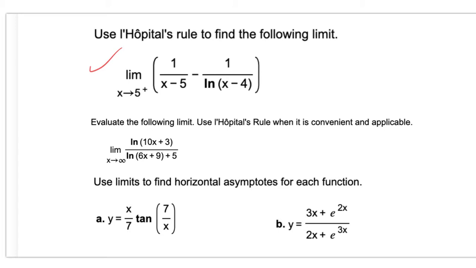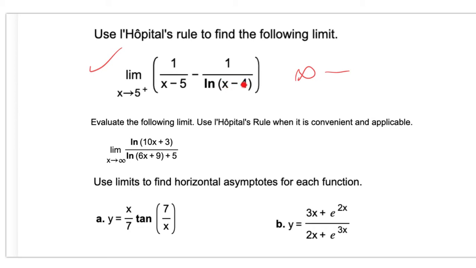So far we have an indeterminate form where it's infinity minus something else. Well, let's take a look at this. When we plug in values just above 5, this becomes a really tiny number, which means it's going to be e raised to some fraction to get that tiny number here.